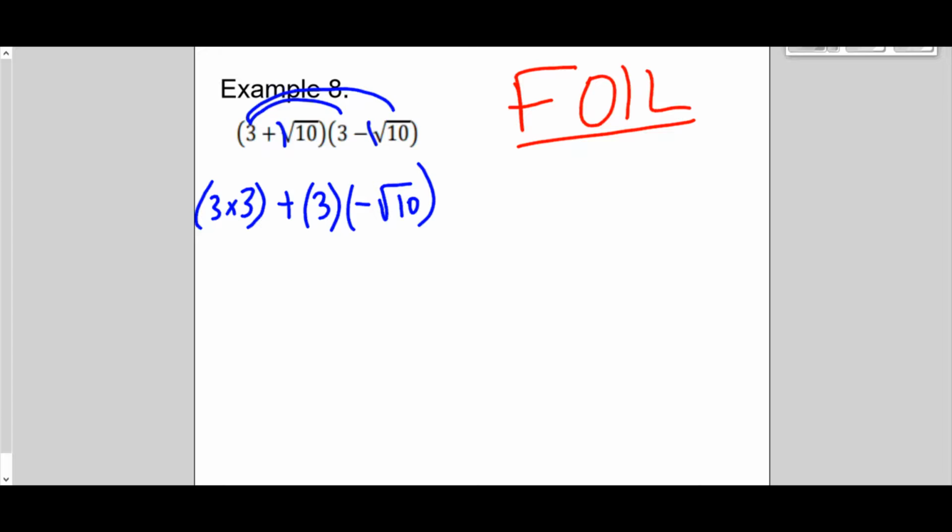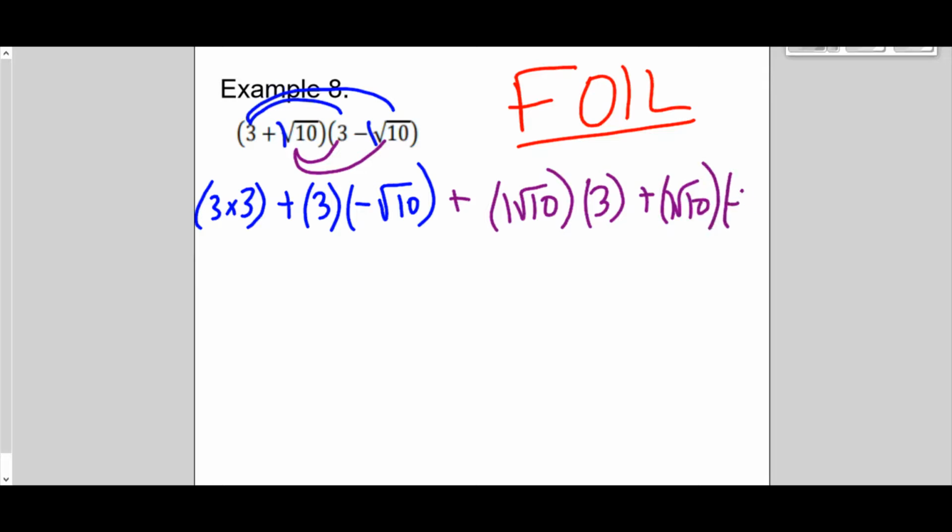Then the inner, so plus 1 square root of 10 times 3. And then last. So this would be plus 1 square root of 10 times negative 1 square root of 10. So we're just going to simplify this thing out that we have.